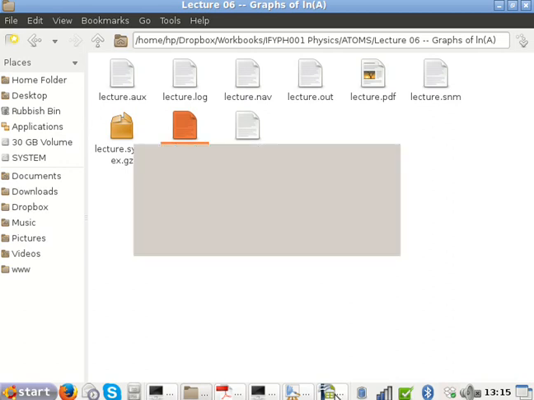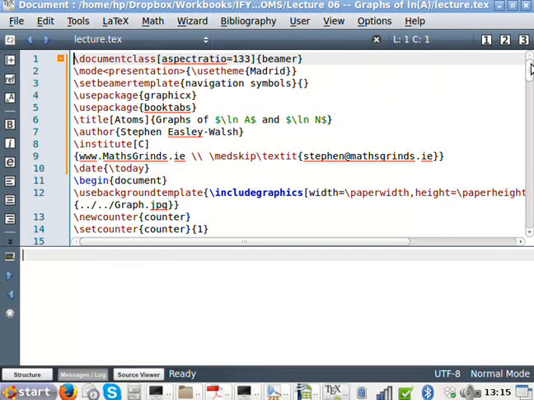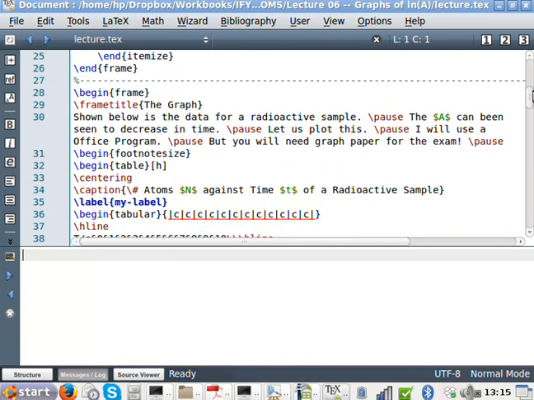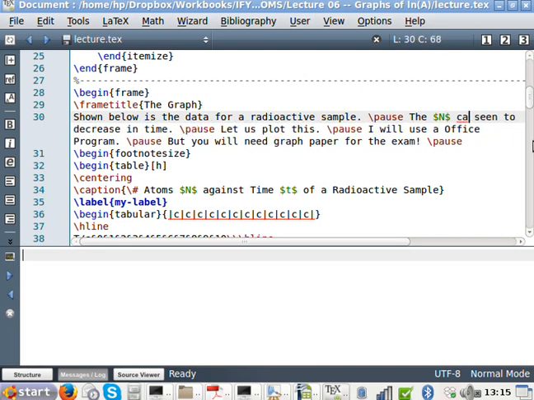Now, I'm going to use Office, but in the exam, you need to use graph paper. Okay.